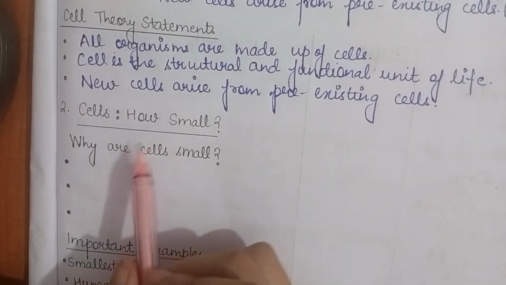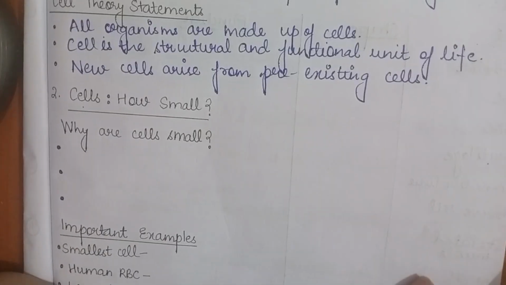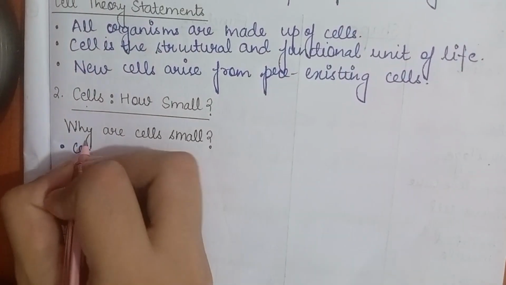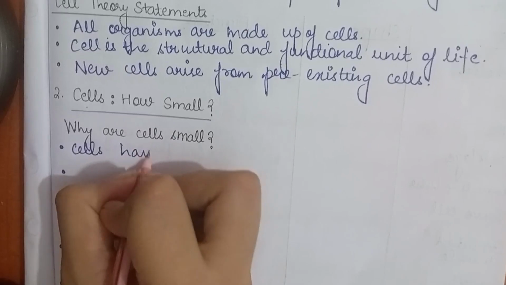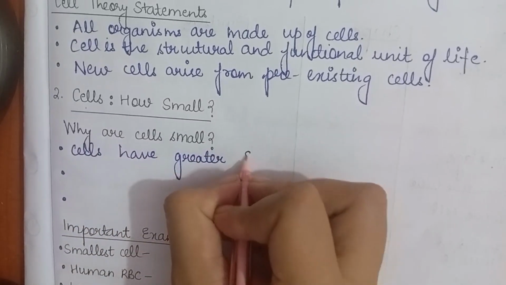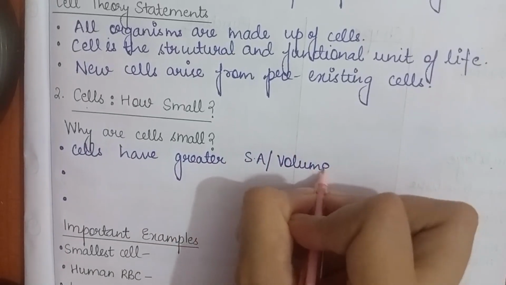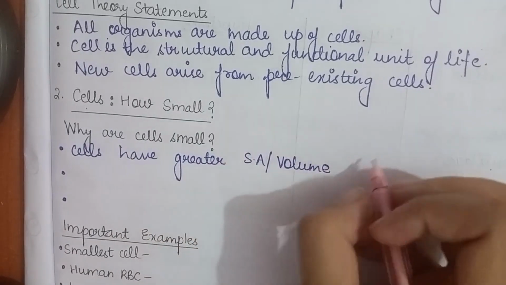Now next topic, cells are small. So why are cells small? Cells are small because smaller cells have greater surface area to volume ratio.